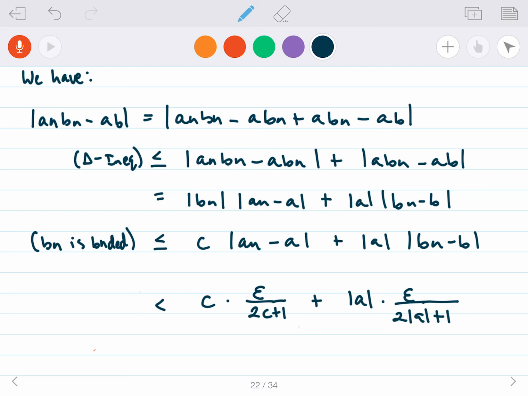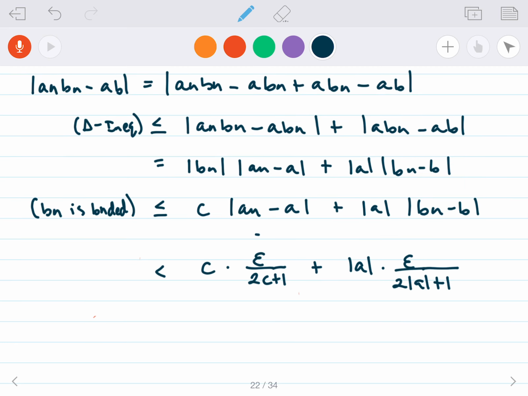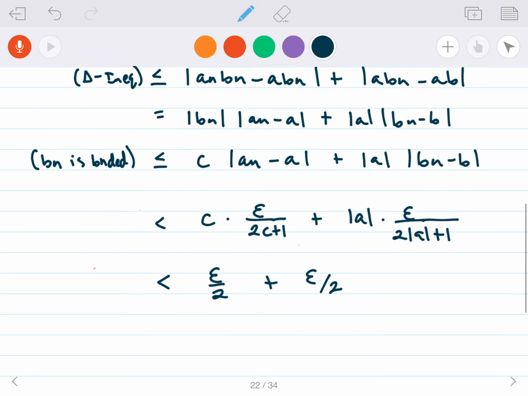And using what we garnered from the scratch work, this is less than epsilon over 2, and this is less than epsilon over 2, so this is less than epsilon over 2 plus epsilon over 2, which equals epsilon. Okay, and we are done with this proof.